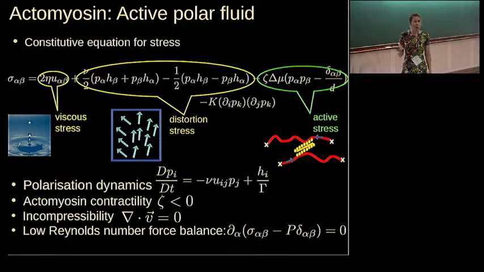But if you're in a bulk system, it's not clear to what extent actin networks are polar or nematic. And as with many things within biology, there are probably situations in which they are one or the other. So this is the model that you know well, so I'm not going to dwell on that.